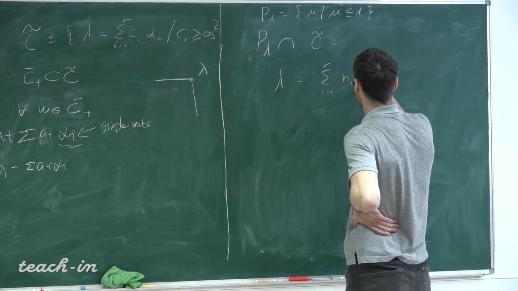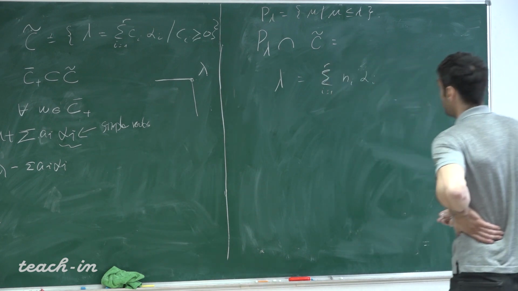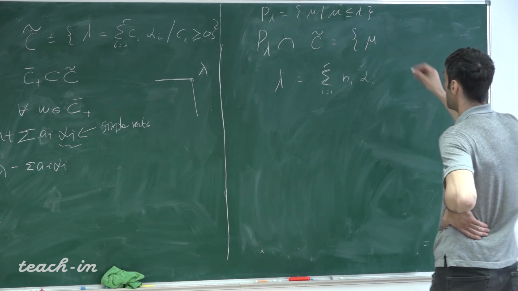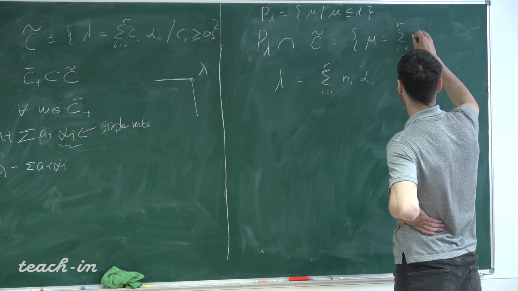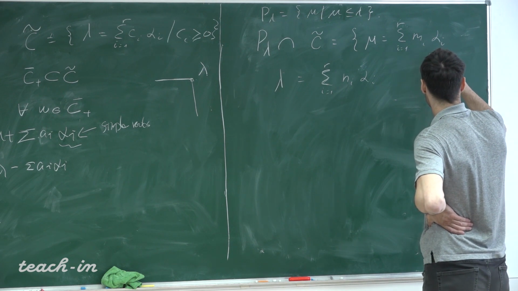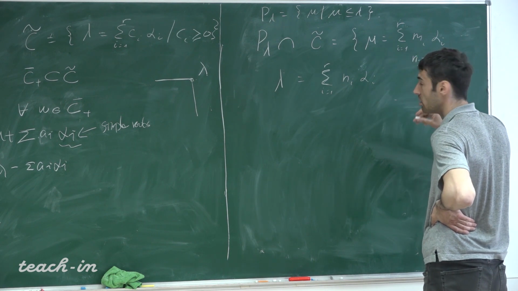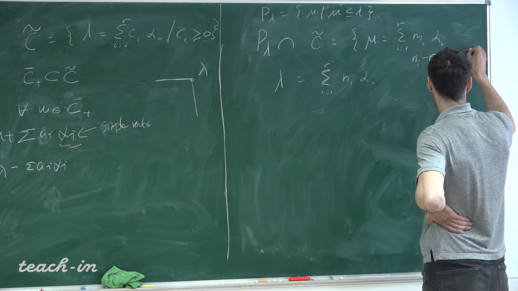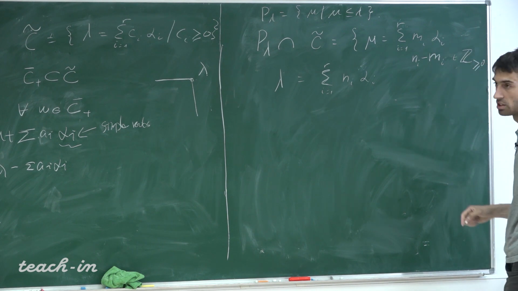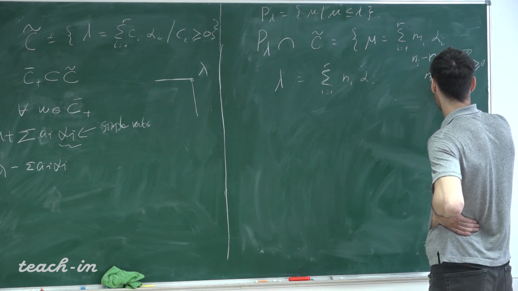But then this is just all mu's such that they are of this form, M_i, where N_i minus M_i is actually a non-negative integer, and M_i you also would like to be greater or equal than 0.